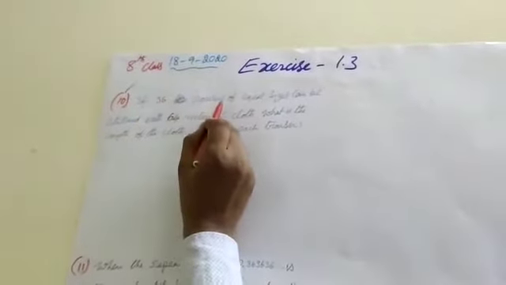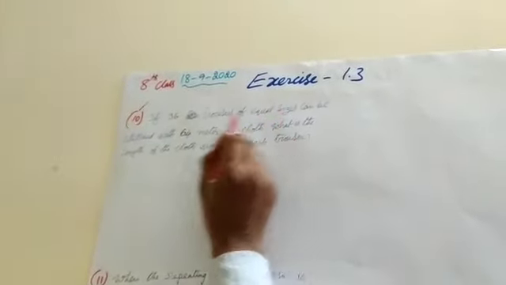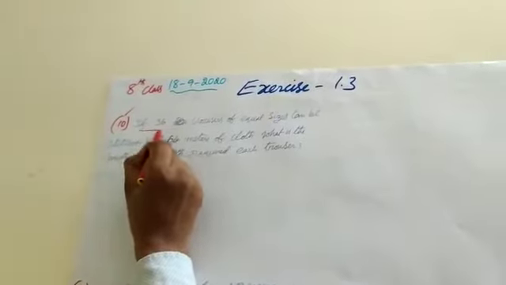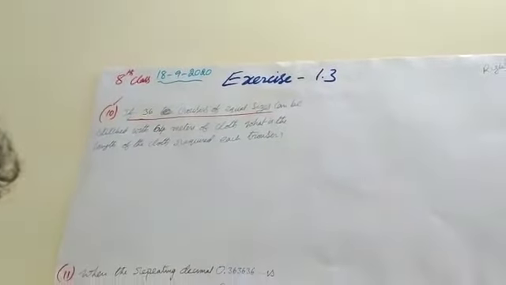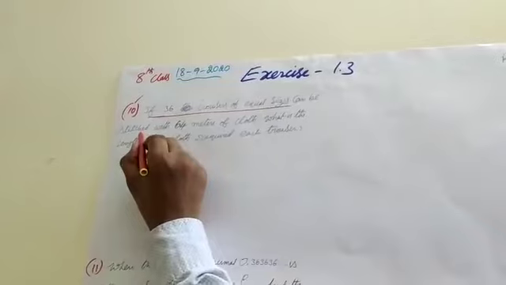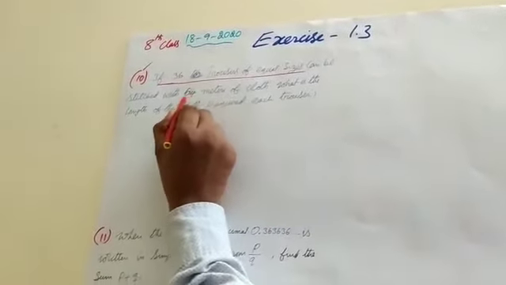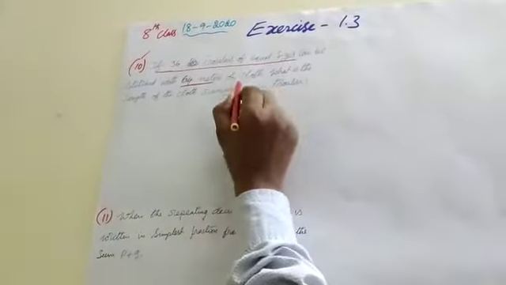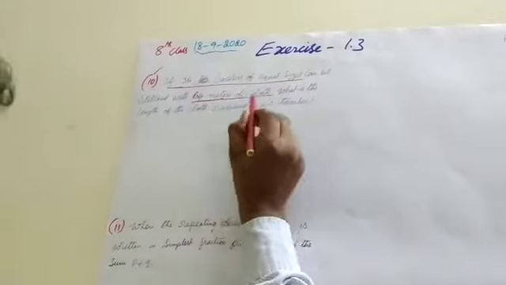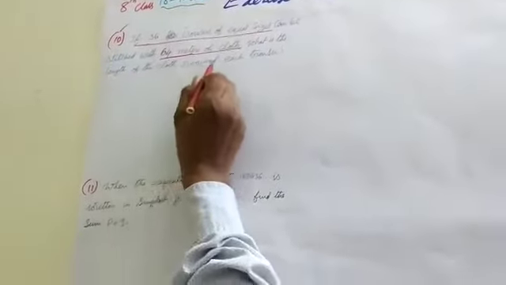If 36 trousers of equal sizes can be stitched with 64 meters of cloth, what is the length of the cloth required for each trouser?